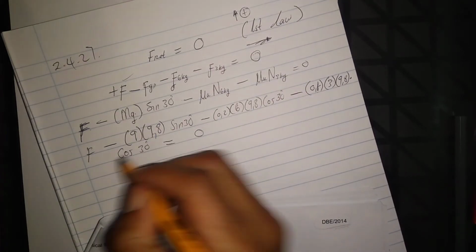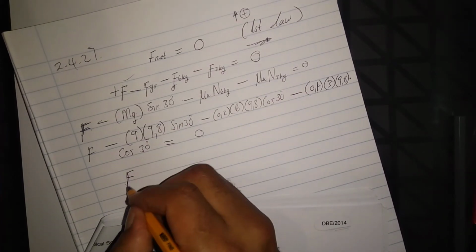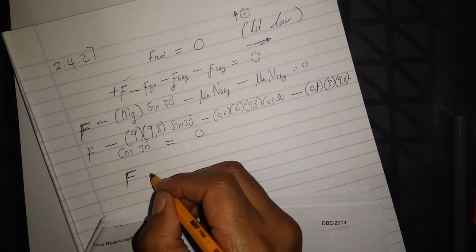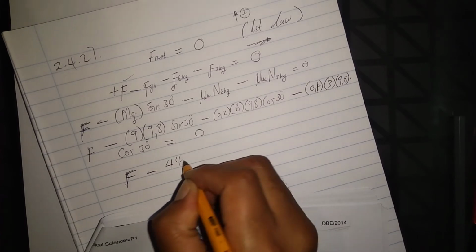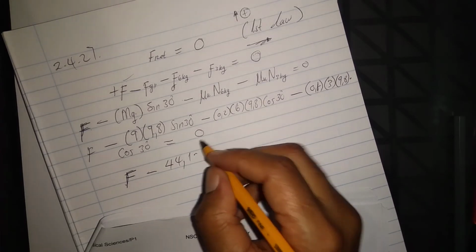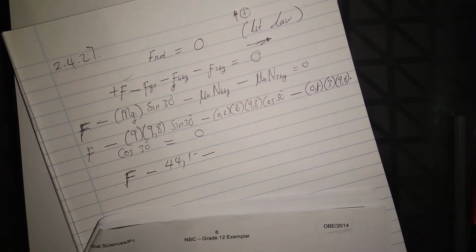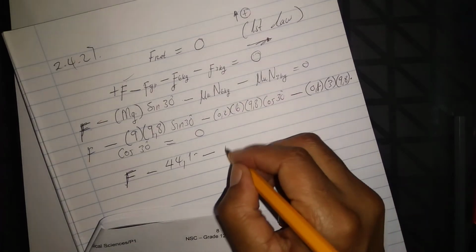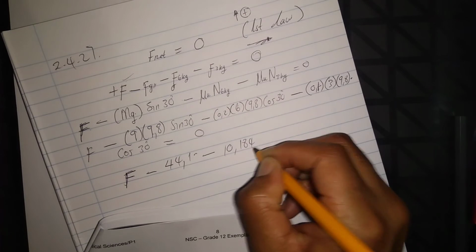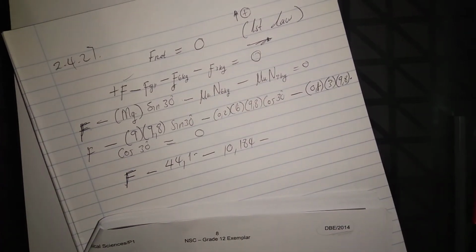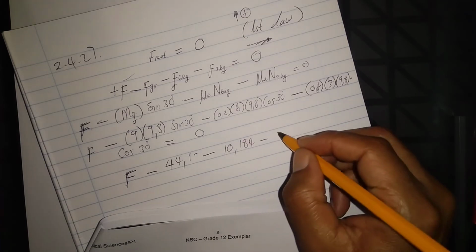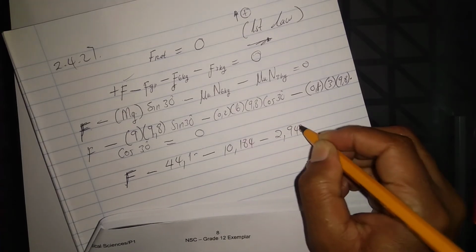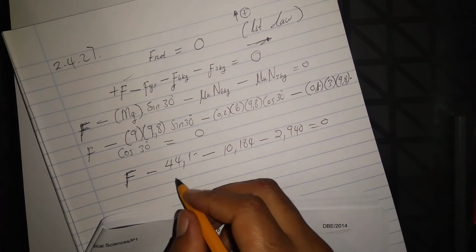Now for the answer, we write F first, which is the force we want, minus 44,1, minus 0,2 times 6 times 9,8 times cos 30 degrees, which is 10,184, minus 0,1 times 3 times 9,8, which is 2,940, equal to 0.